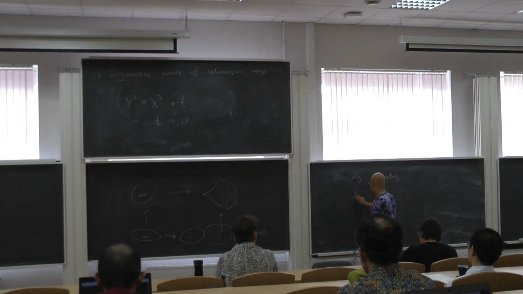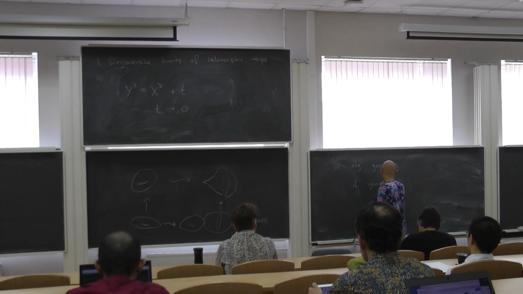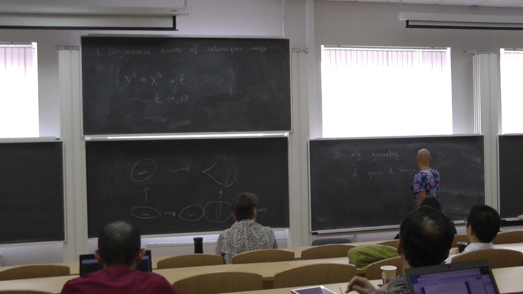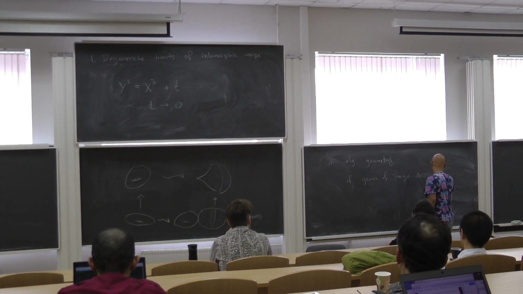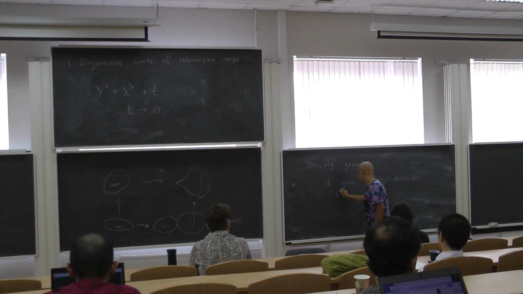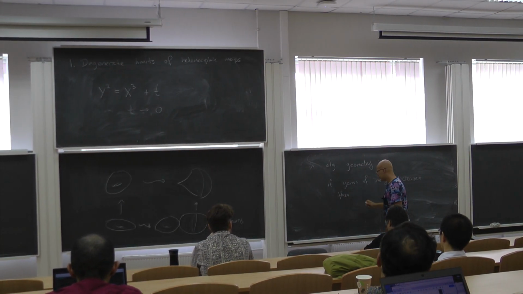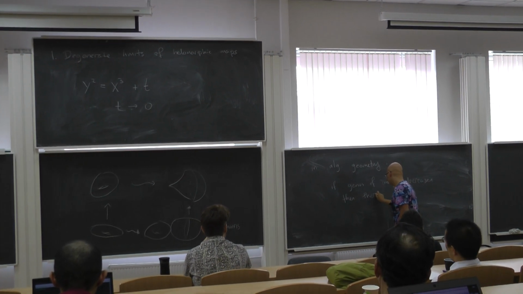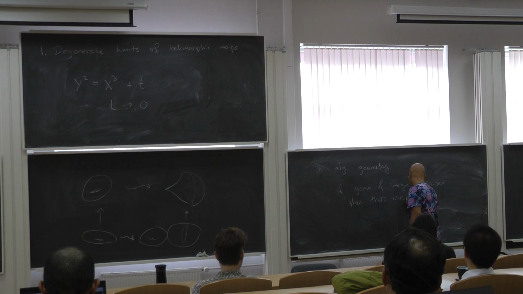So if the genus of the image decreases, then there's a singular point. There must be a singular point.